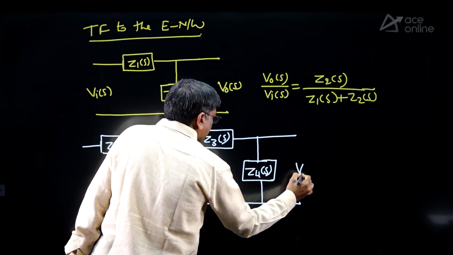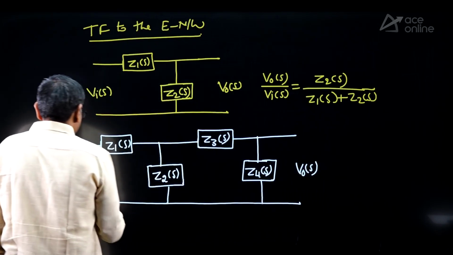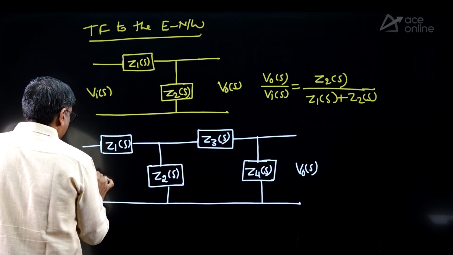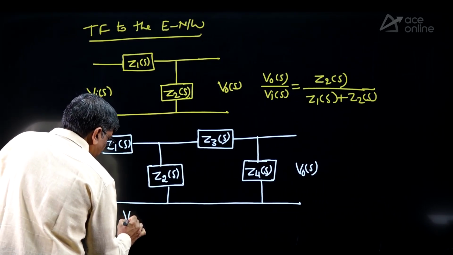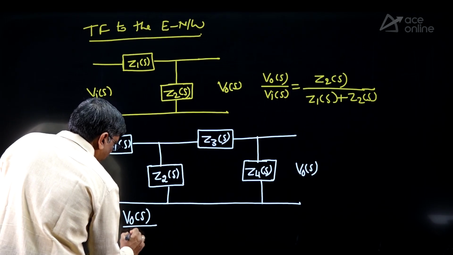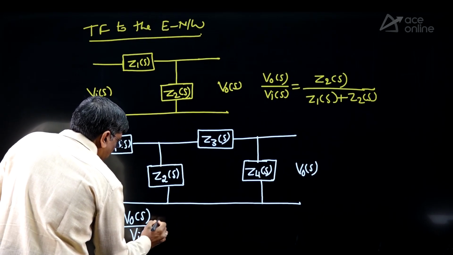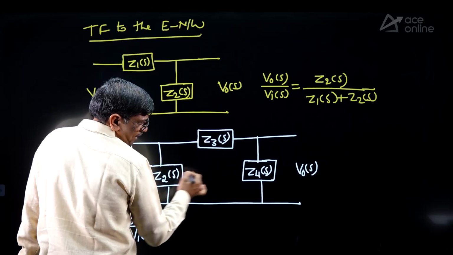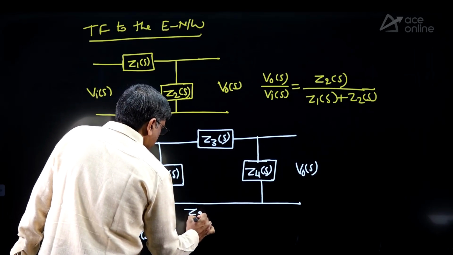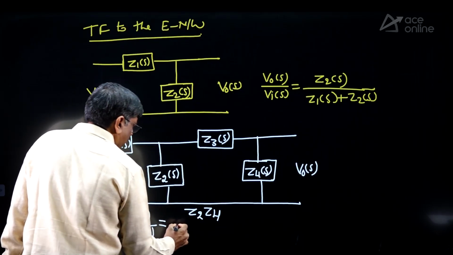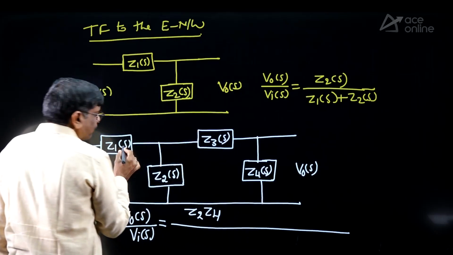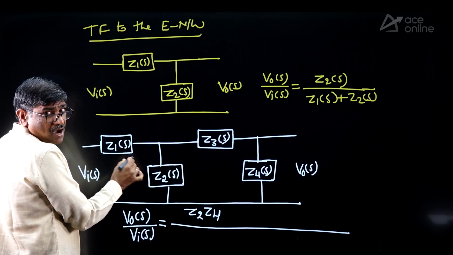What is a transfer function? Anybody? V0 by Vi. For this, what is the transfer function? V0 of S by Vi of S equal to, I told simple logic, product of shunt impedances. That means Z2 into Z4 divided by, take first Z1, multiply with the remaining all.